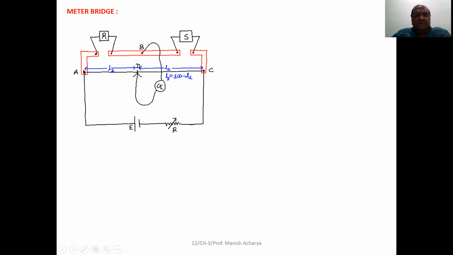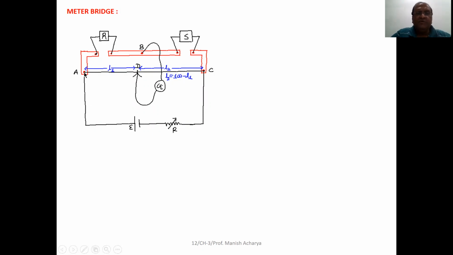In the meter bridge, what is represented here in red are the copper strips. This one is straight and these two are L-shaped. And here, as shown in the figure, two gaps are kept and this entire arrangement is mounted on a wooden plank.